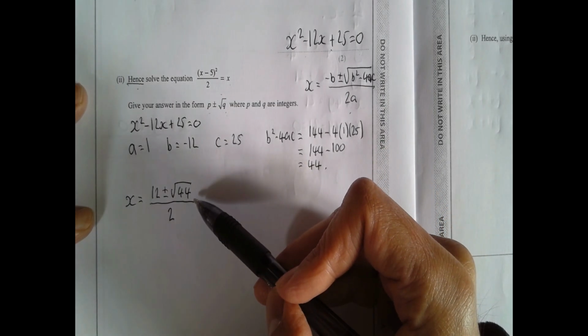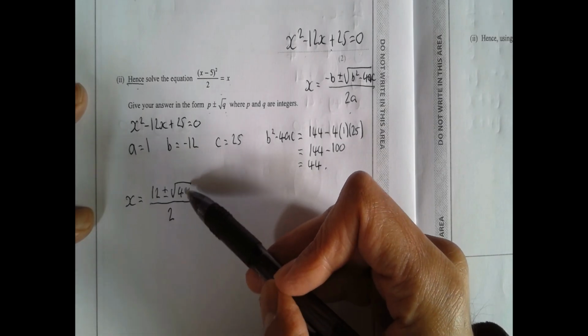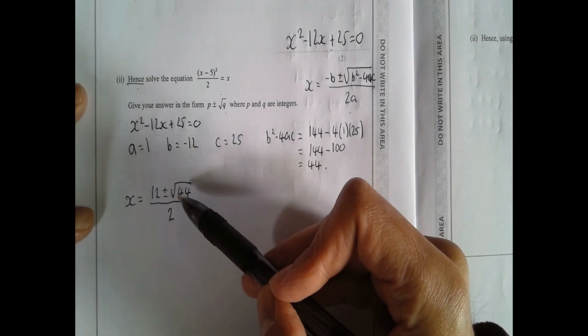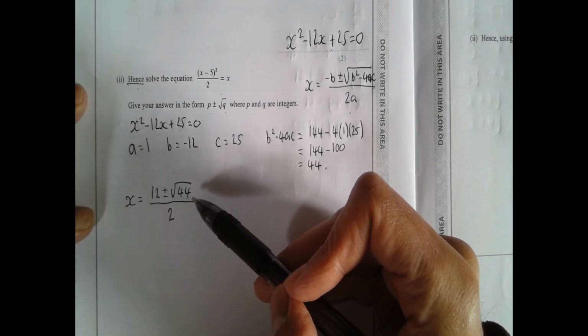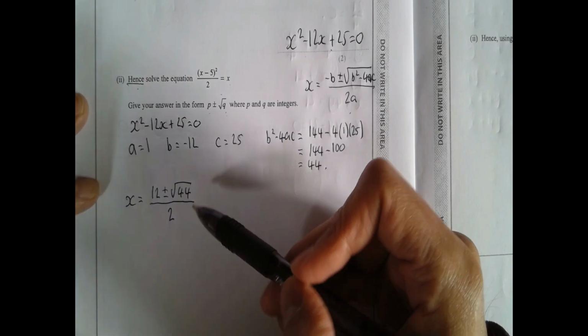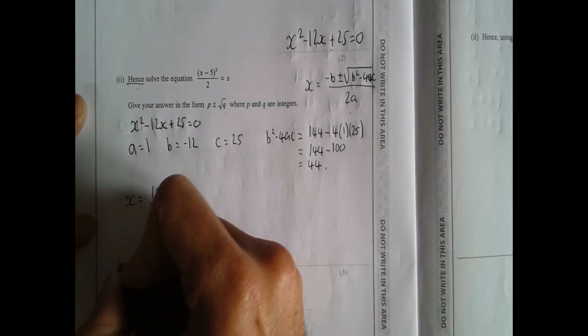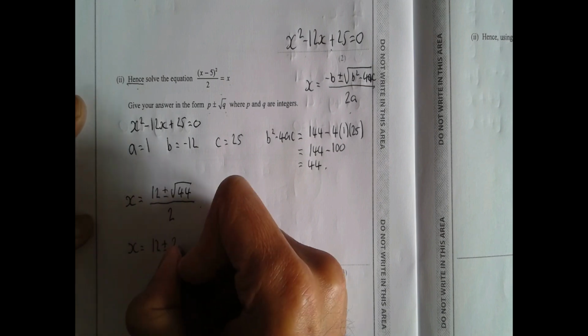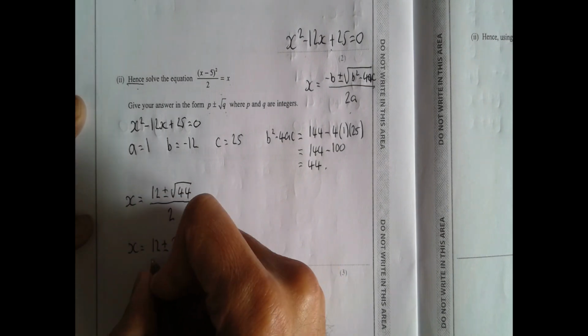So I'm having a check over here again, and what I've spotted is that root 44 actually simplifies, because it's the same as the square root of 4 times the square root of 11, which is going to be 2 root 11. So I'm going to rewrite this now as x is equal to 12 plus or minus 2 root 11, all over 2.